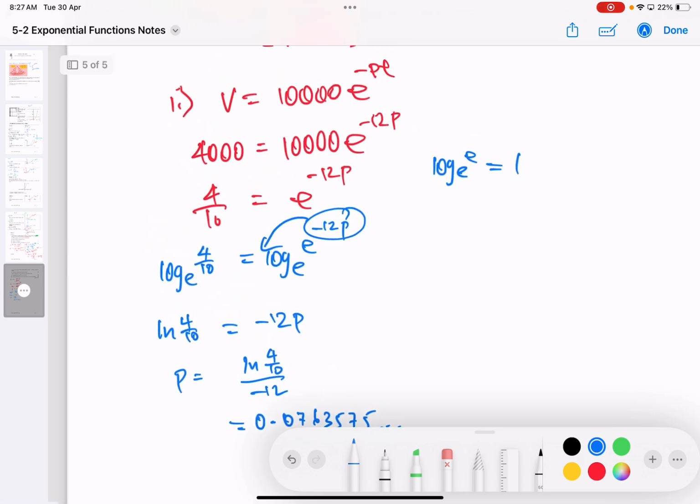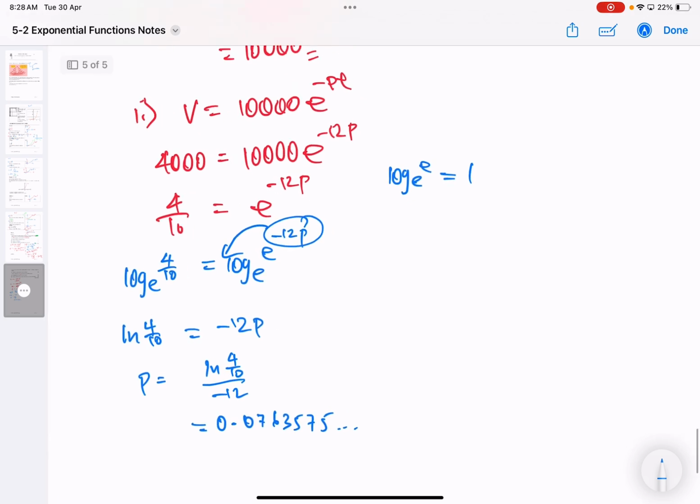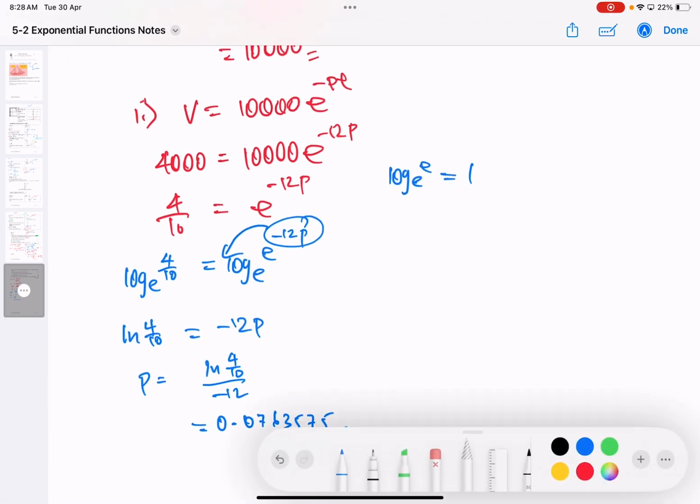Alright, I'm going to pause here for a moment. After you have found P, substitute it back into the original equation. Can you try? Substitute it back into the original equation, and then I want you to answer the question.